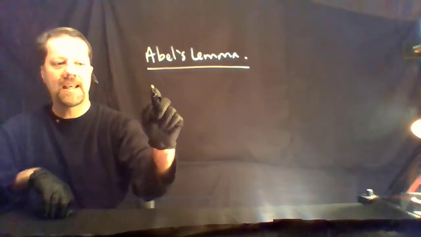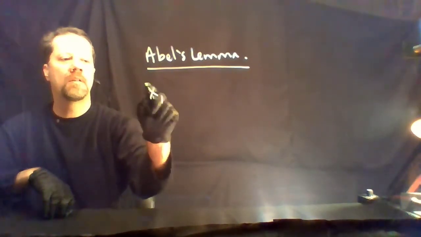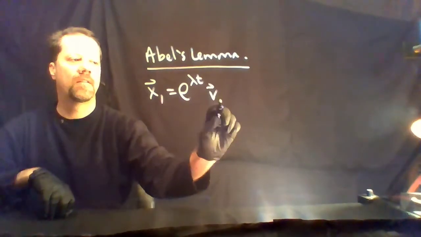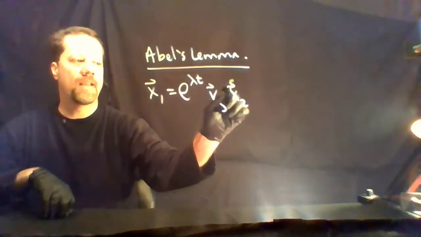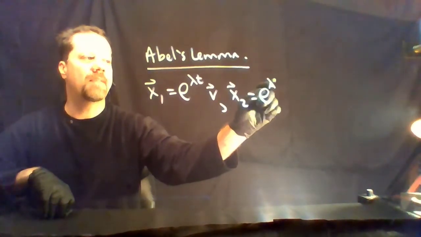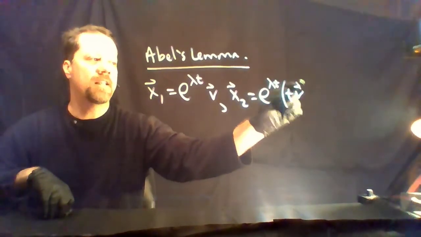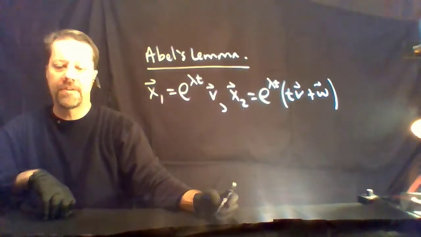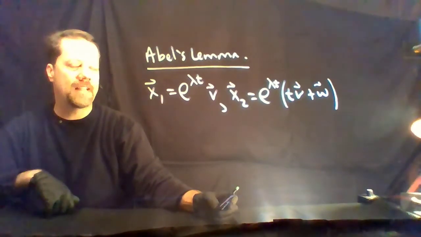We'll do this in the case of a 2 by 2. In the case where we get e^(λt) v for one solution, and the second solution is e^(λt) times (tv plus w), where w is in a direction independent from the vector v.